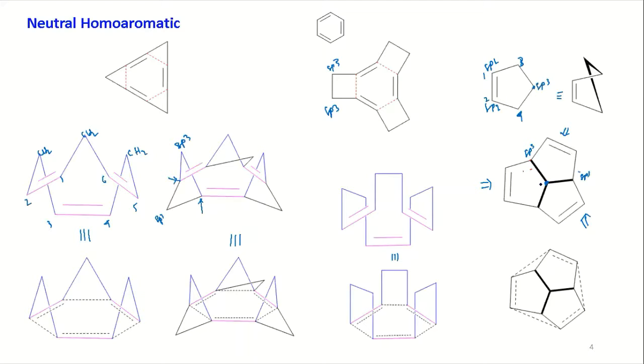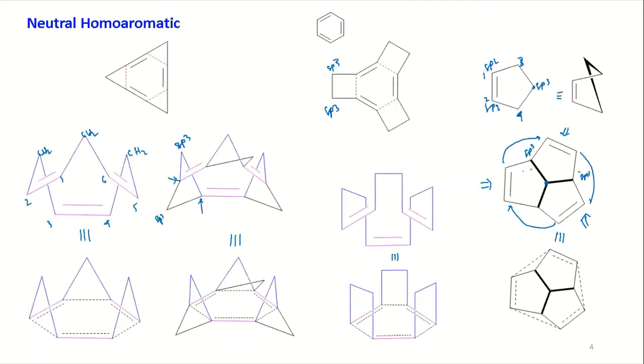So here you have three sp3 centers, but your delocalization is happening this way. Okay, so 6 pi electrons, and you have this structure. So these are the critical structures I'm showing you, so that you become familiar with the structures and know them as they are.